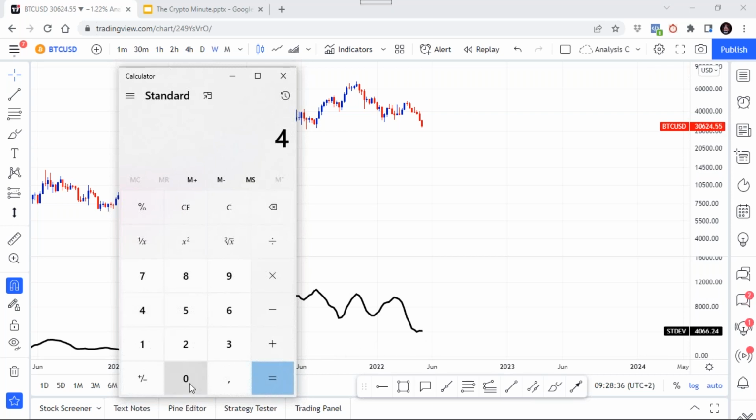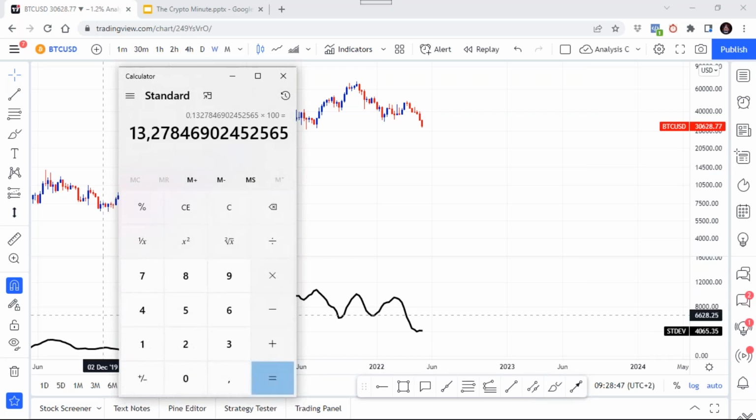So 4,066 divided by 30,621 equals, well, we've got a 13% variation there. So in other words, there is a 68% chance that we deviate from the median.